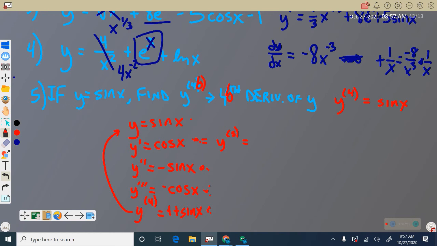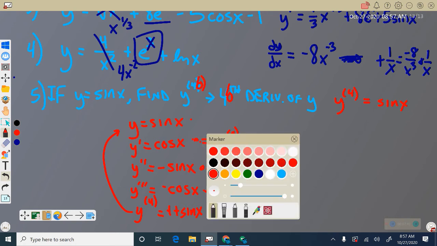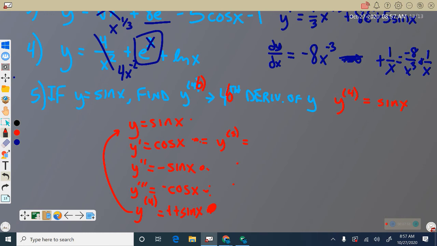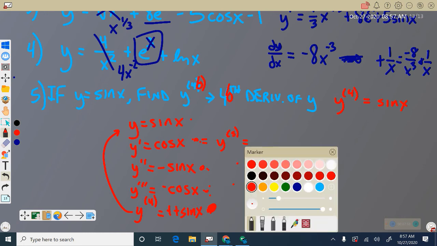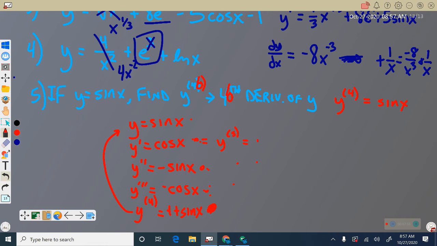That's a fun one. Well, if we're counting by 4s, the 40th derivative would be right here, the same as the fourth. Then 41st, 42nd, 43rd, 44th, and we'd cycle back up again to the 45th, 46th derivative would be this guy. So the 46th derivative would be negative sine of x.